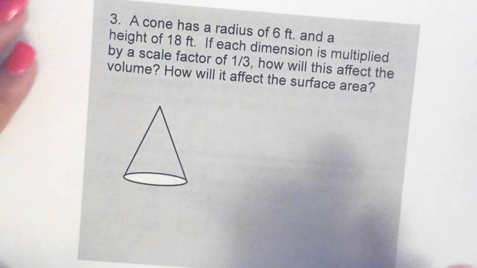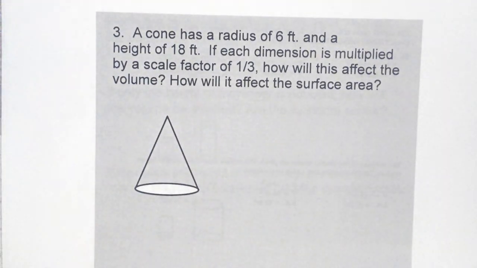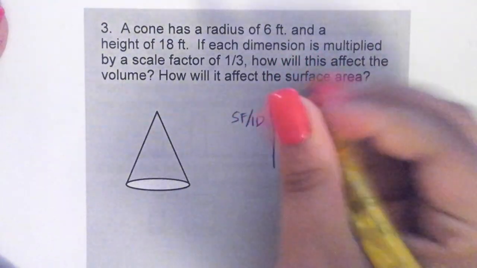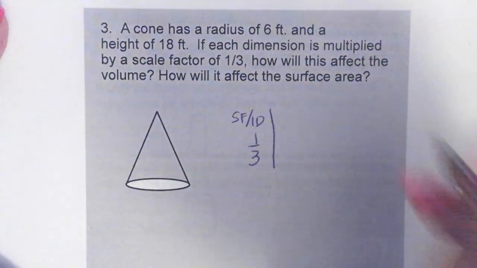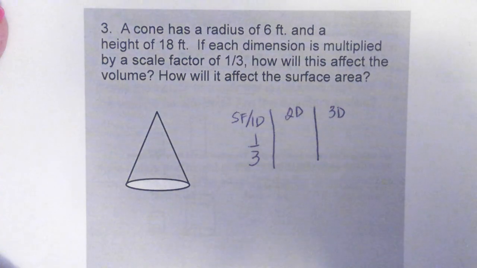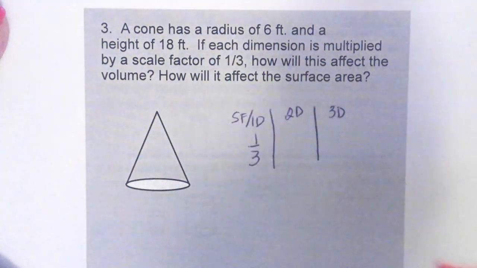A cone has a radius of 6 feet and a height of 18 feet. If each dimension is multiplied by a scale factor of 1/3, how will this affect the volume? How will it affect the surface area? What do I know? My scale factor is 1/3. So how is this going to affect my volume? The 1D perimeters will stay the same.